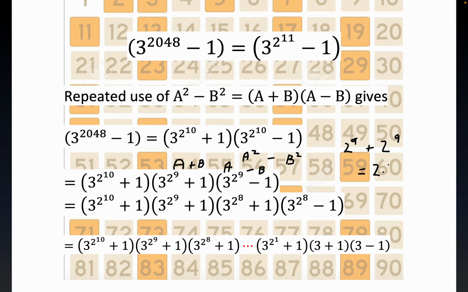Okay, but remember, what does that mean? That means you have 9 copies of 2 and 1 copy of 2, which is 10 copies of 2. So that's why you add your exponents. All right, so that gives you 2 to the 10th.